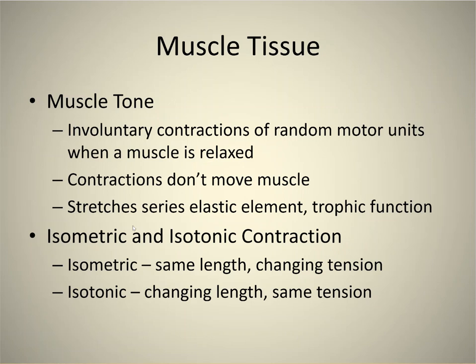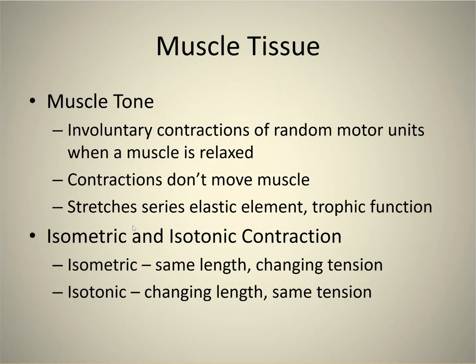Also, there's really a trophic relationship between the nervous system and muscle. Muscle stays healthy if it's stimulated regularly, and it completely atrophies if it isn't. And finally, there are two types of contractions: isometric contractions and isotonic contractions. Isometric means same length, changing tension. Isotonic means changing length, same tension.